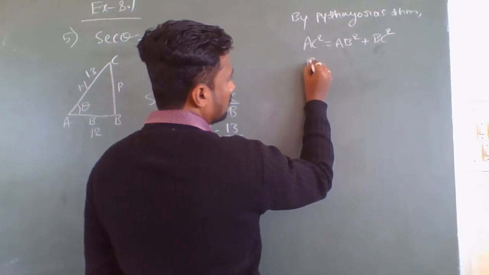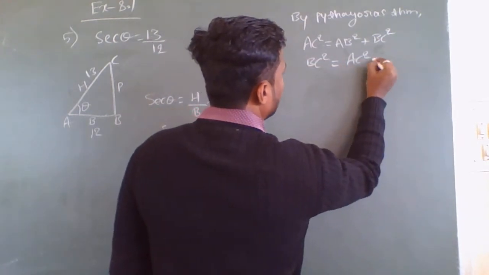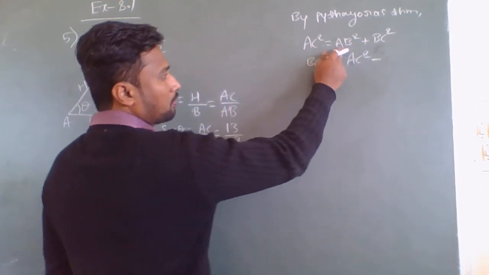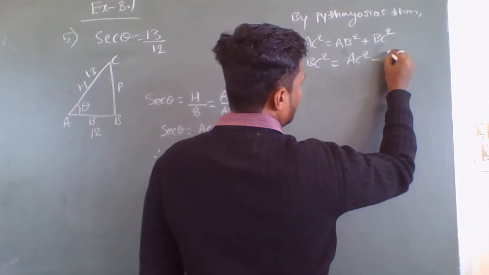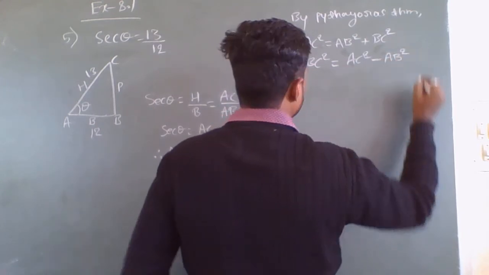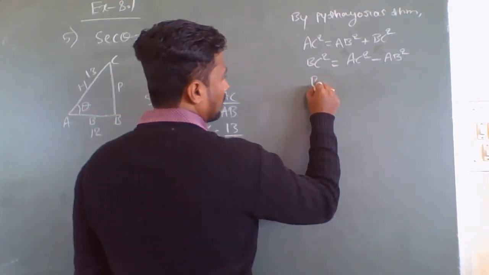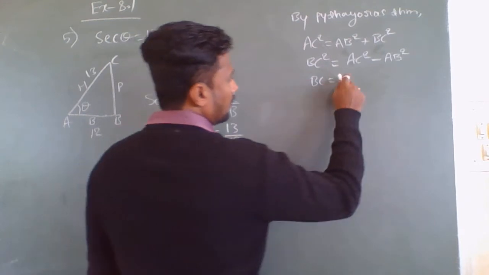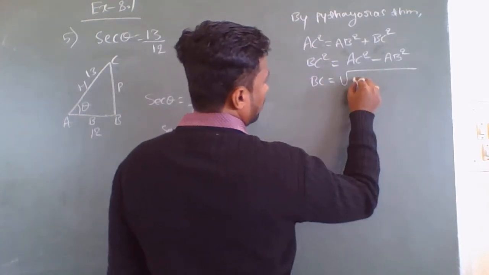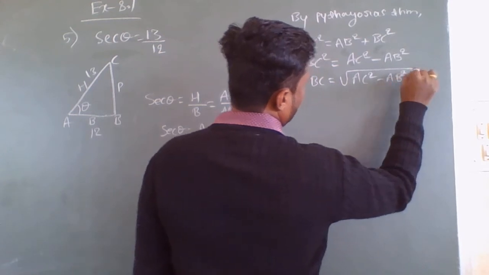BC square equals AC square minus AB square, when you move it to the left hand side it becomes minus. So BC equals square root of AC square minus AB square.